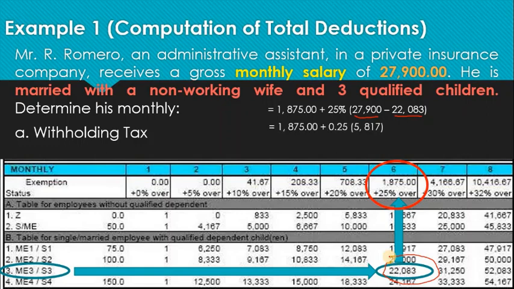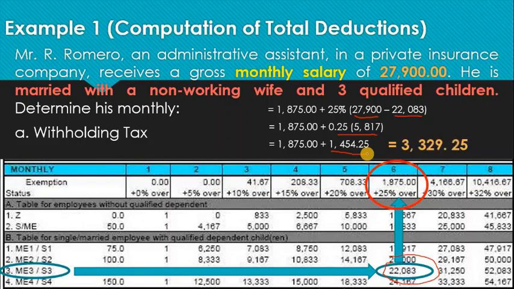Let's continue solving. Convert the percent to decimal and get the difference of the two. The difference is 5,817. So continue: get the 0.25, copy this one, 1,875. The product of these two is 1,454.25.